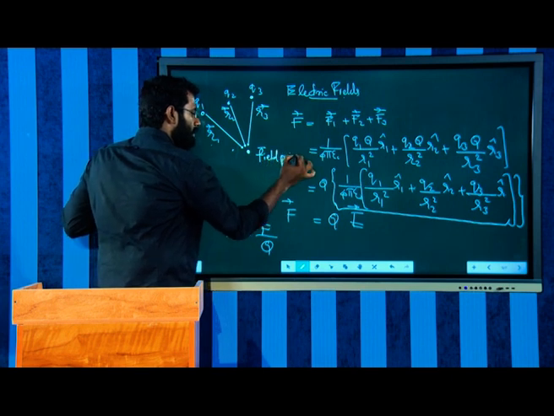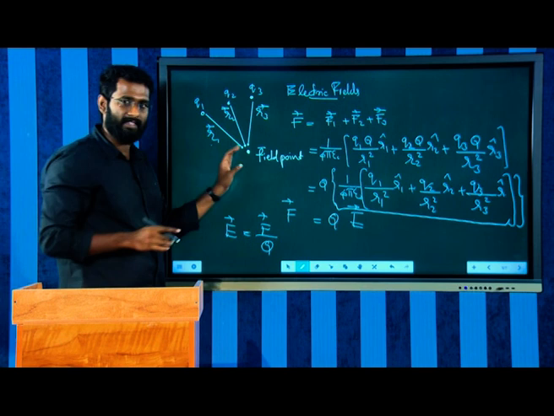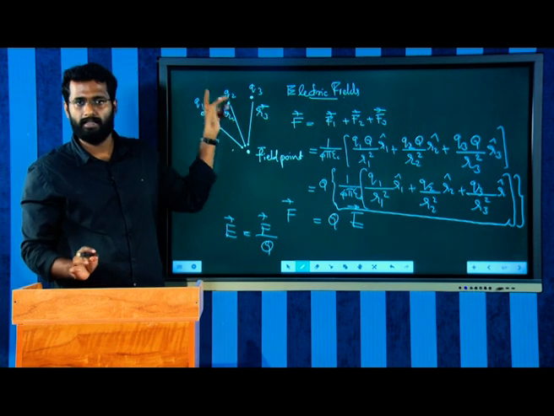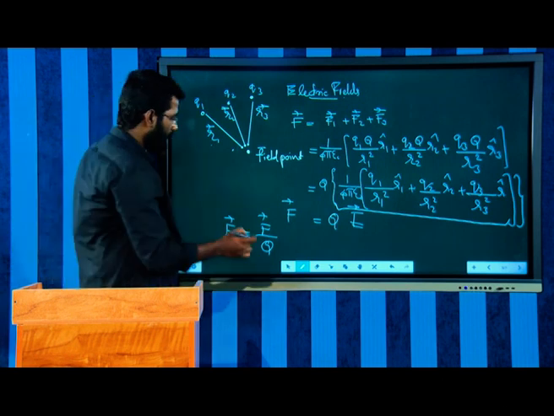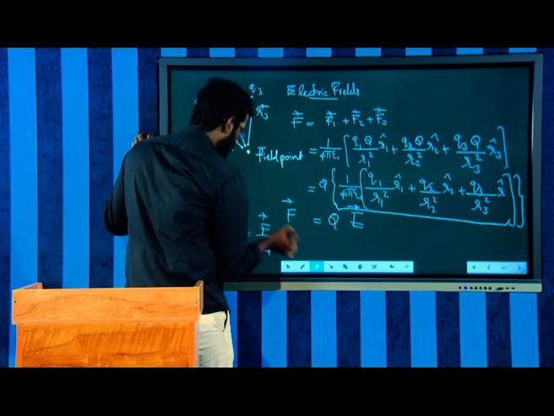So now onwards this point will be known as the field point, and these will be the source charges as discussed before. Now let's write the expression for electric field.